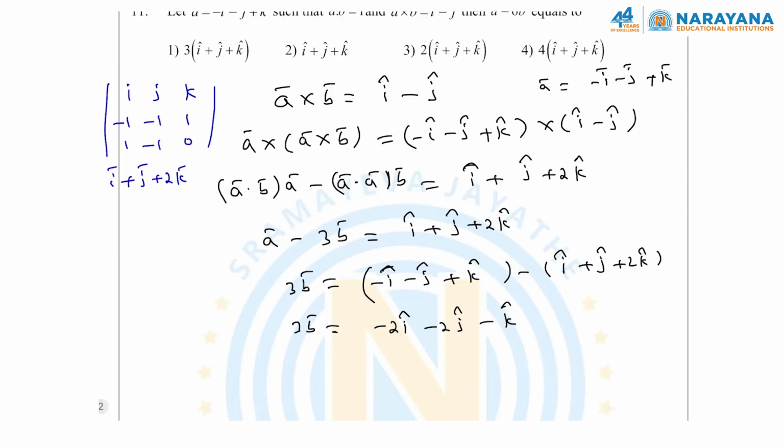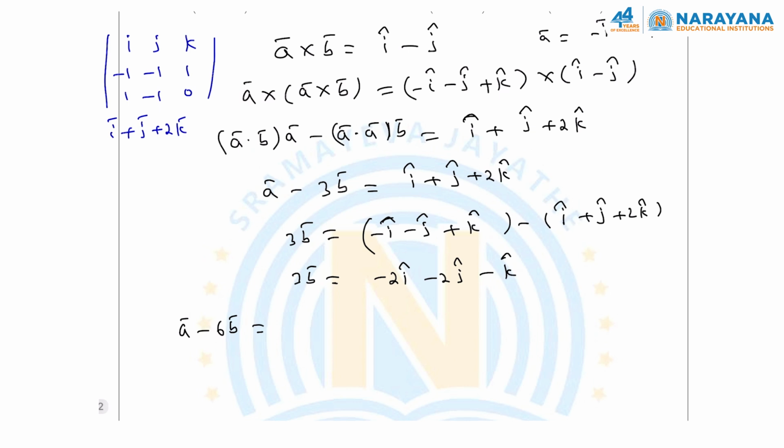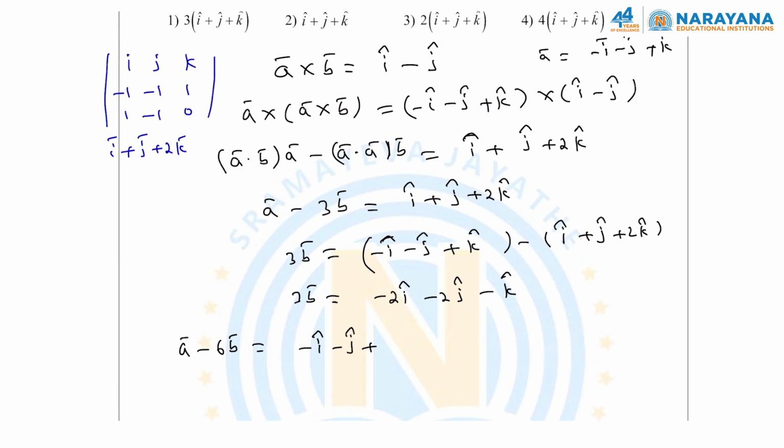Now what we need? We need a bar minus 6b bar. So a bar minus 6b bar is equal to, a bar is nothing but minus i cap minus j cap plus k cap, minus 6b bar means I have to multiply this with 2. So minus 4 i cap minus 4 j cap minus 2 k cap.